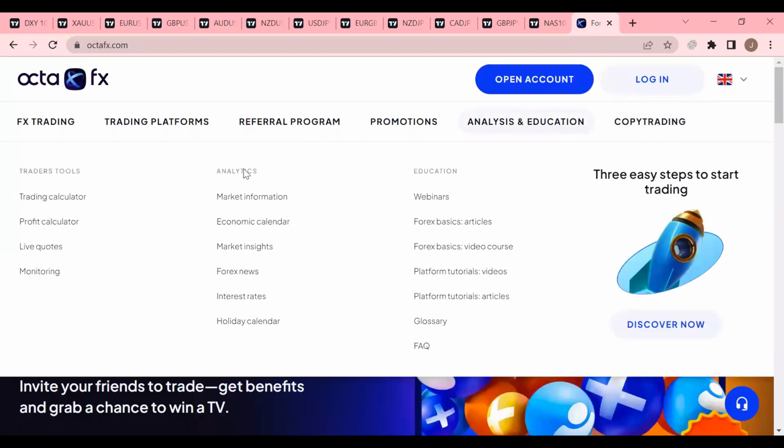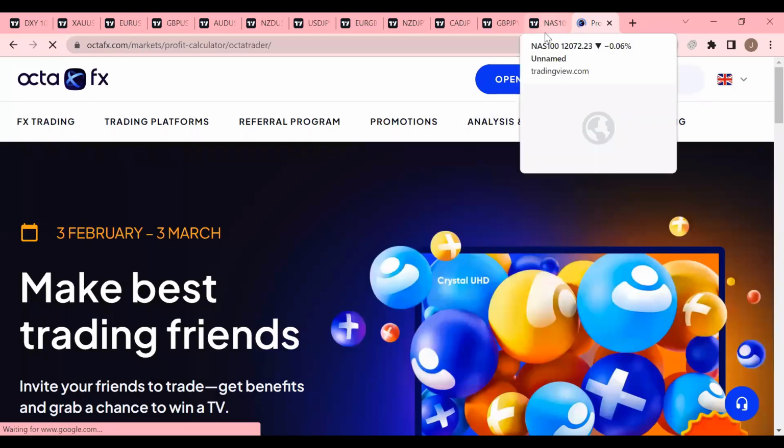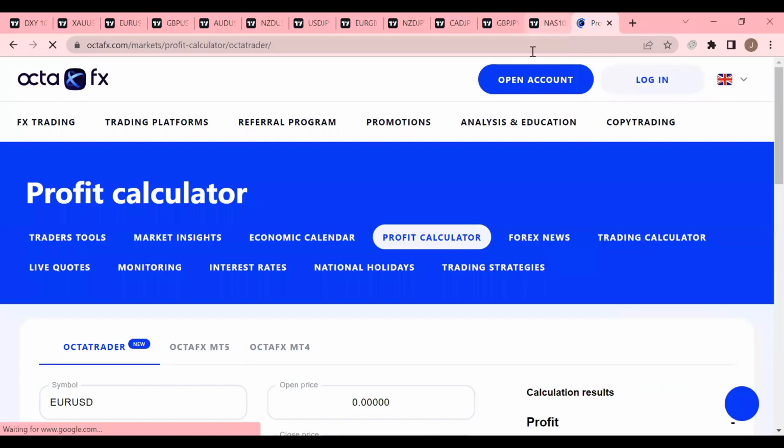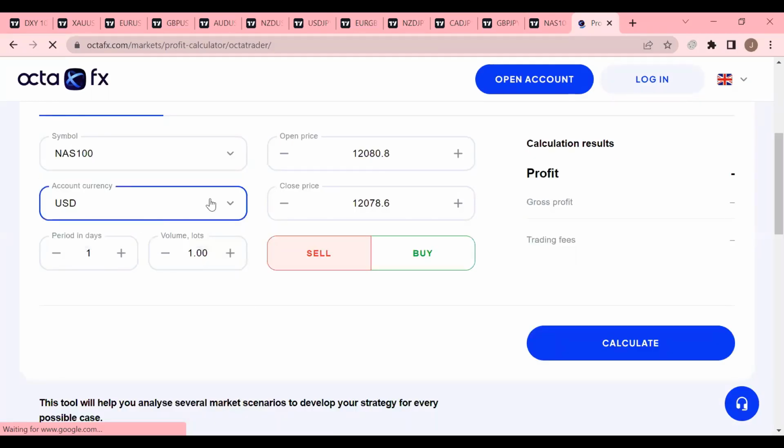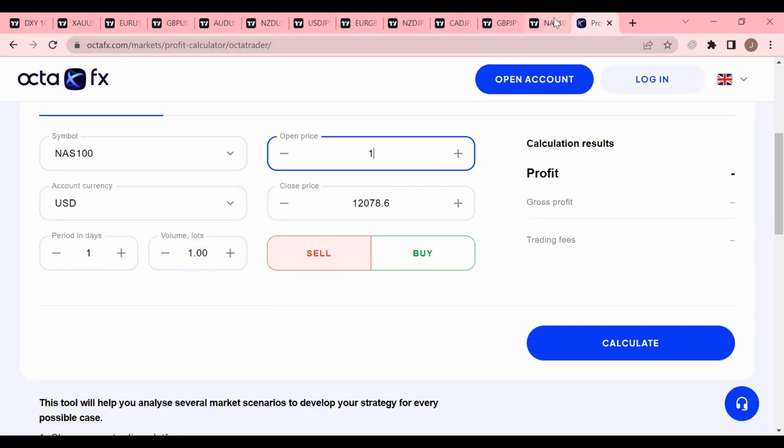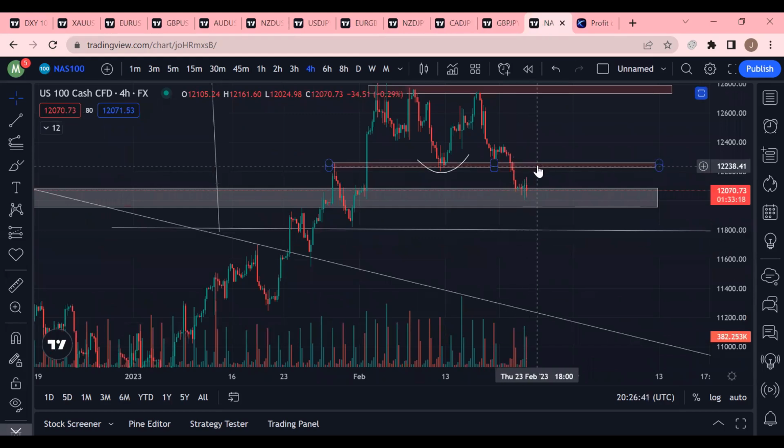So let's come back to the profit calculator. Let me show you something. Imagine there's one lot and mass 100. If we are going to reverse to the upside, I see there's a joker here.